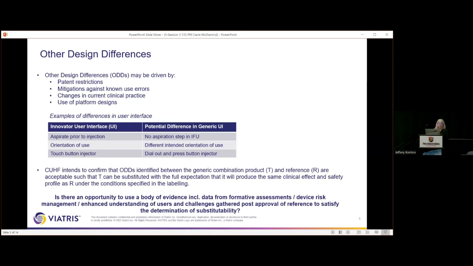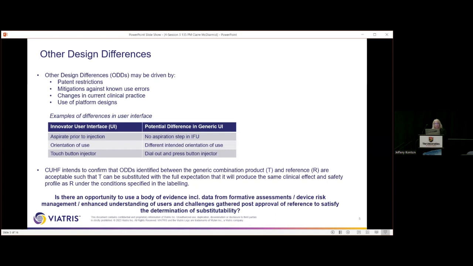So, examples of that. I spoke about clinical practice. You may have an instructions for use for a reference product that directs the user to aspirate prior to injection. That's no longer a broad-brush clinical practice. It's no longer used in all situations.